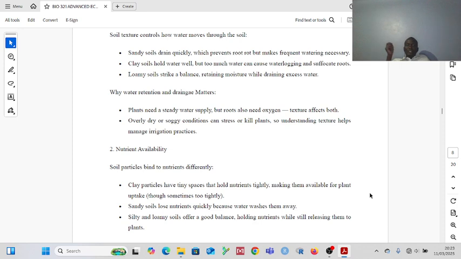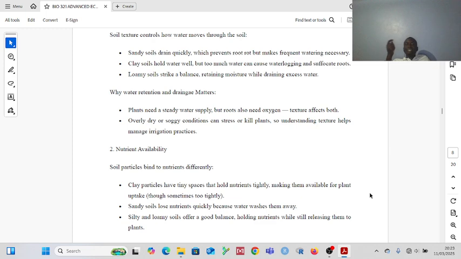The sandy soils will lose nutrients quickly because the water is washing them away. Water is moving around very fast. But the silty and loamy soils will offer a very good balance. They hold onto nutrients, but still they release these nutrients to the plants.